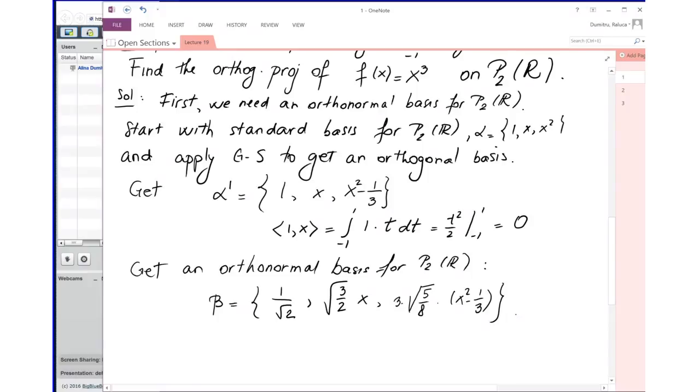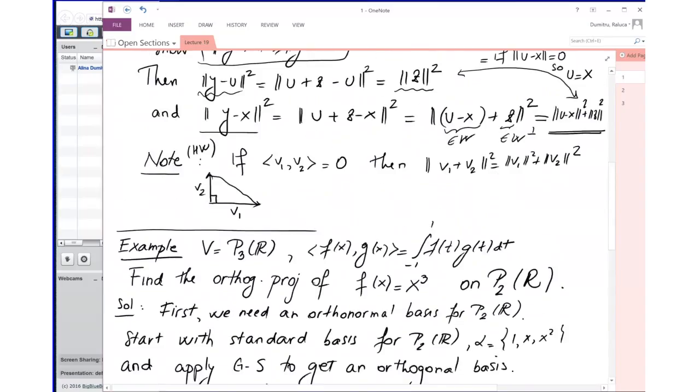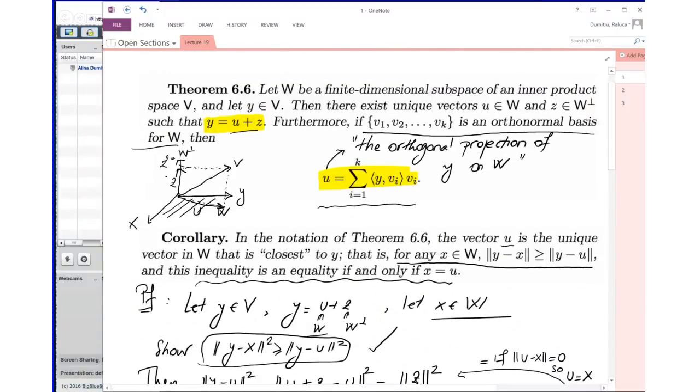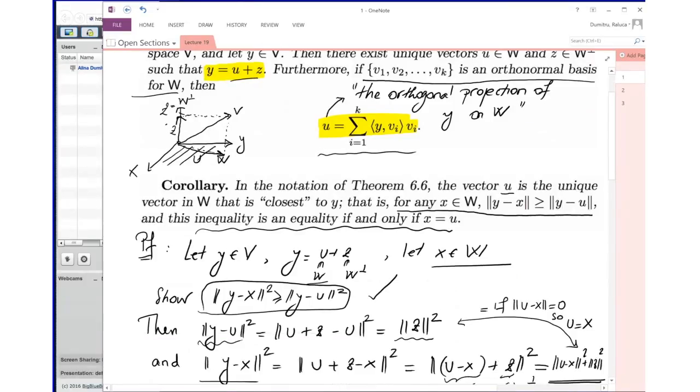So now we're ready to make that theorem work, right? So let me go back to the theorem. The theorem said, so now I have my orthonormal basis v1, v2, v3. Then u is the sum of the inner products of y with vi, times vi.